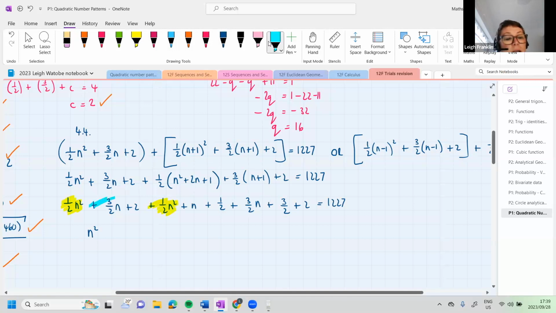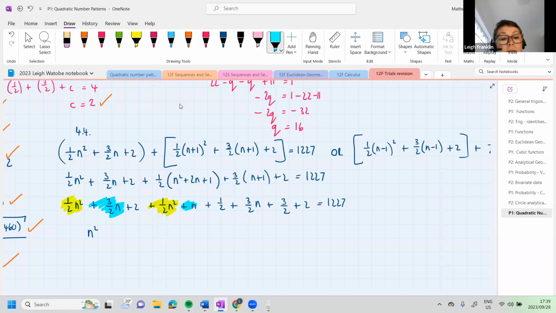Now we've got our n terms. We've got 3 over 2n, plus n, and another 3 over 2n over there. So that's going to give us 3 over 2 plus 1 plus 3 over 2. Are you all getting 4n? I'm getting 4n. And then let's do our numbers.